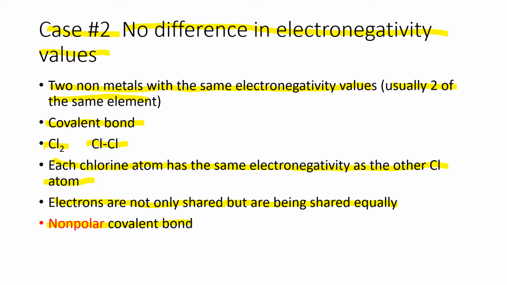Because the electrons are equally distributed, there's no charge buildup. There's no different regions. This molecule is very uniform in terms of what's happening with the electrons. We call that a nonpolar covalent bond.